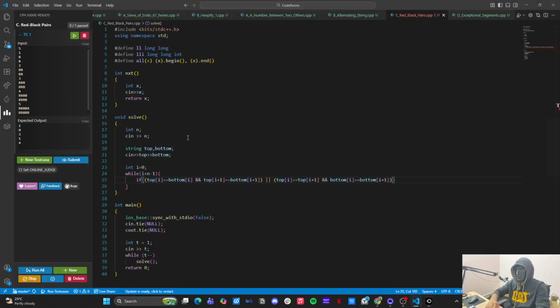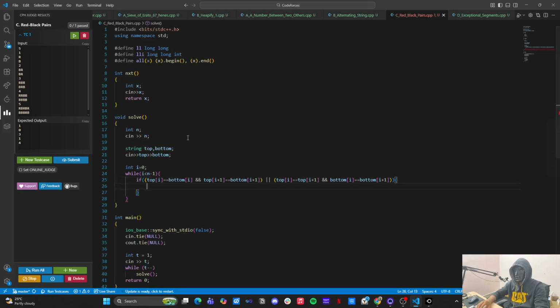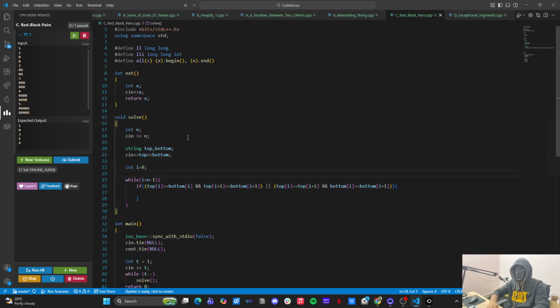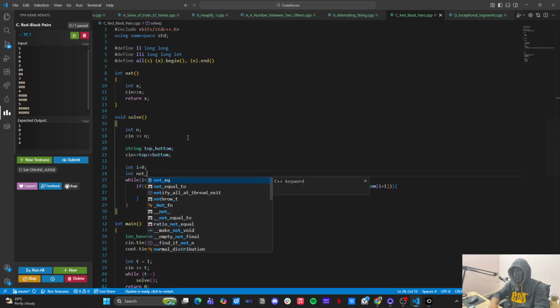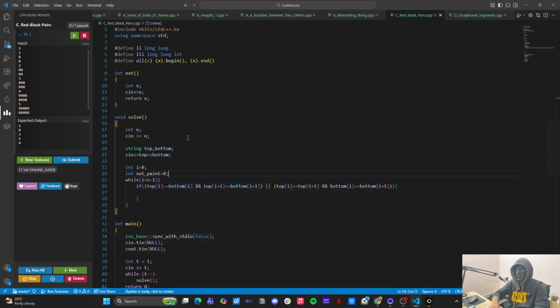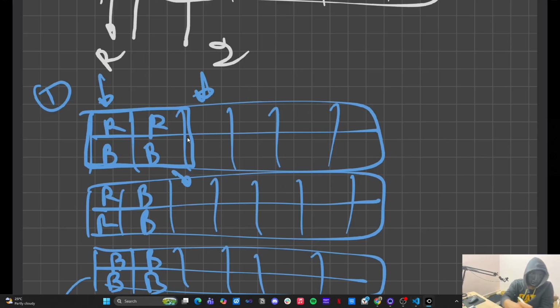So if these two are there, which means all are painted only, right? So I'll take one variable, not paint, initially 0. These 4 cells we don't have to paint because we have got a pair, we have got a pair.